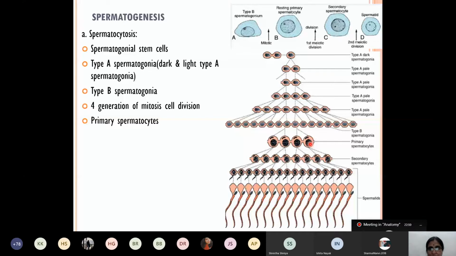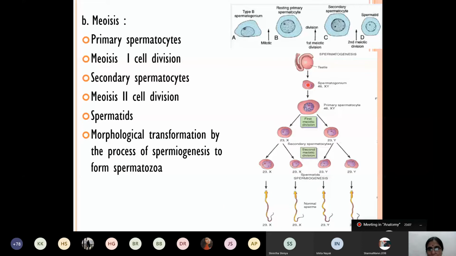So here you can see the spermatogonium undergoing mitotic cell division, giving rise to type A. Type A undergoes mitotic division to give rise to type B. Type B undergoes continuous mitotic division to give rise to primary spermatocytes with diploid number of chromosomes. The primary spermatocyte undergoes the first meiotic division and gives rise to secondary spermatocytes. The secondary spermatocyte undergoes the second meiotic division and gives rise to 4 daughter cells known as spermatids.